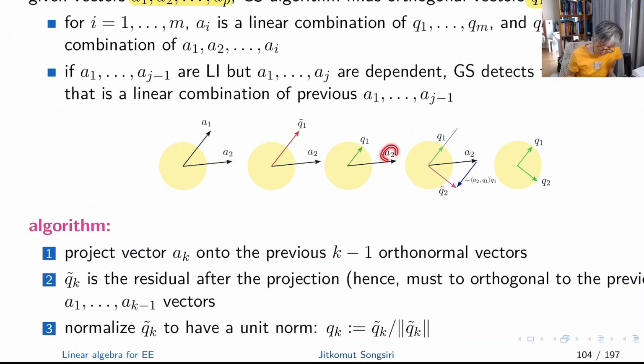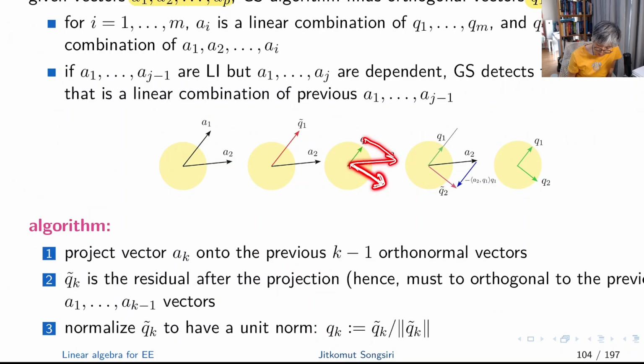In this case, this is our second step, so the previous orthonormal vector is only q1. After you project a2 onto q1, we take the residual. So your a2 is here, the projection is here, but we take the residual.